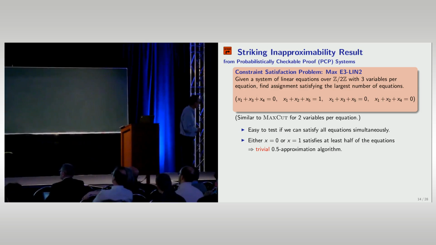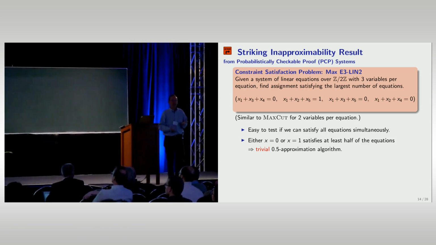But it's also easy to get a solution that satisfies half of the equations. It's even completely trivial. If you look at the 0 solution, it satisfies all the equations with a 0 on the right-hand side. And the all-1 solution satisfies all the equations with a 1, so you can at least satisfy half of them. We should also be able to do better on this one.